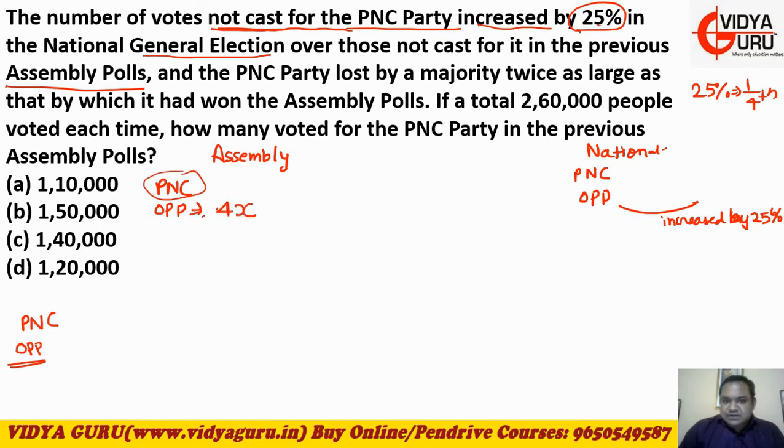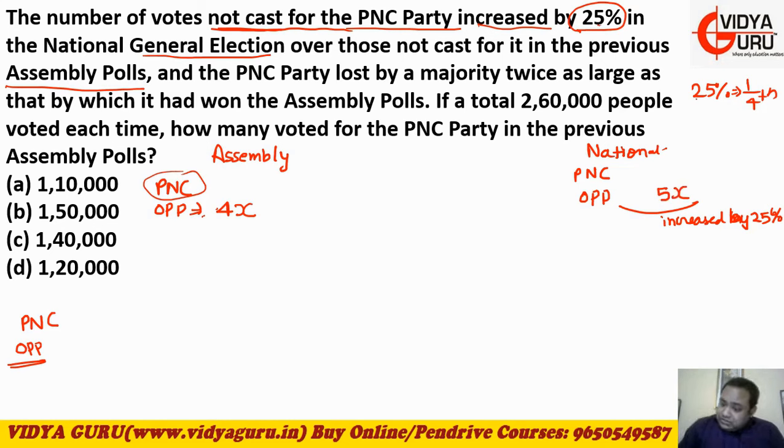So if this is 4x, it will be easy for you to calculate 25% of that. So 25% of 4x means what? 1/4 of 4x. 1/4 of 4x means what? x. So if last election this party had received 4x votes, in this election it must have received 5x votes. 4x plus x, increased by 25%.